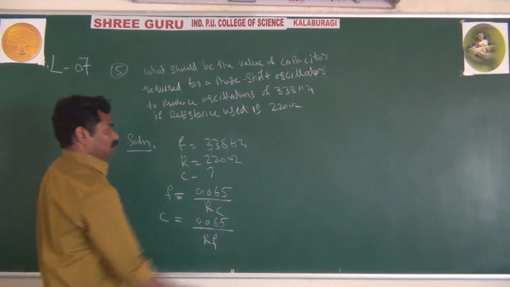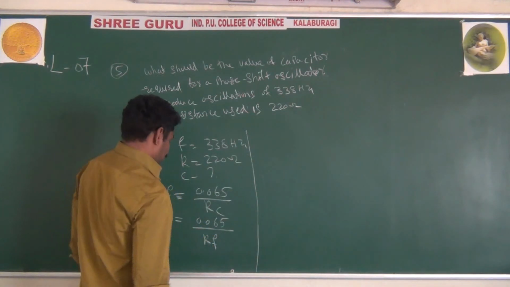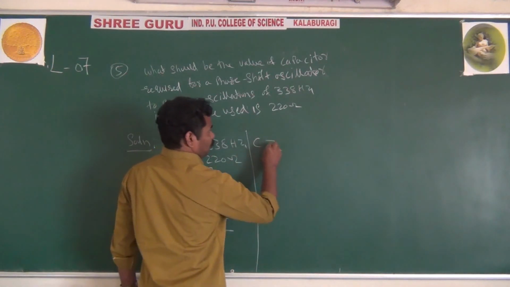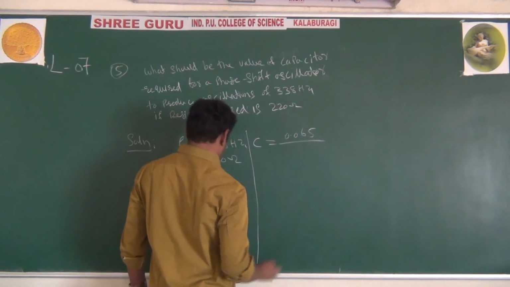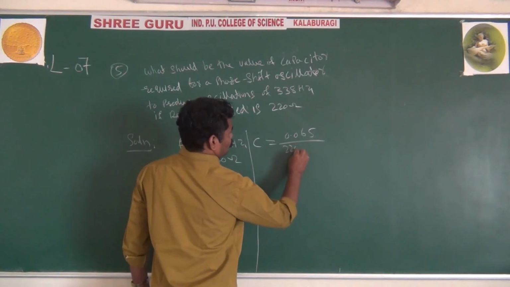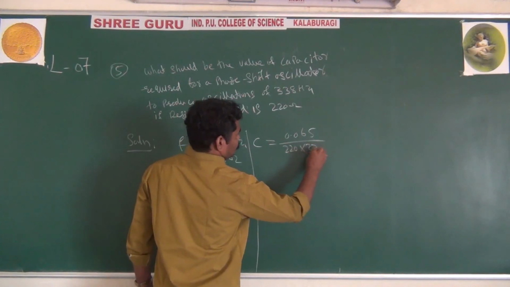Then we substitute the values. C equal to 0.065 by R value 220 into 338.